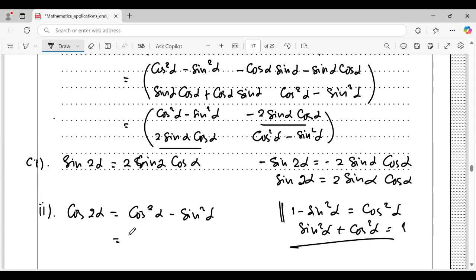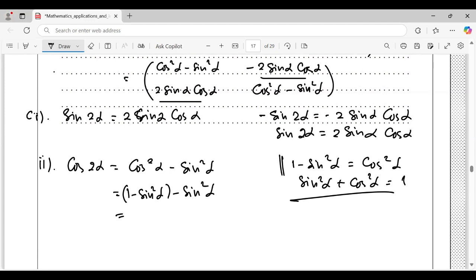So we can write cosine squared alpha as 1 minus sine squared alpha, giving 1 minus sine squared alpha minus sine squared alpha, which equals 1 minus 2 sine squared alpha. That's one.